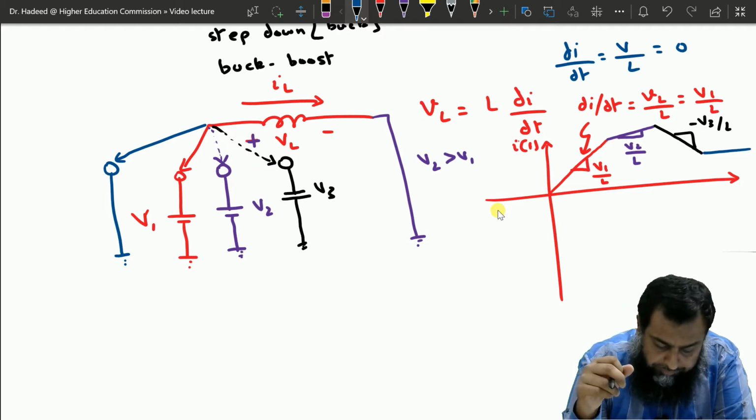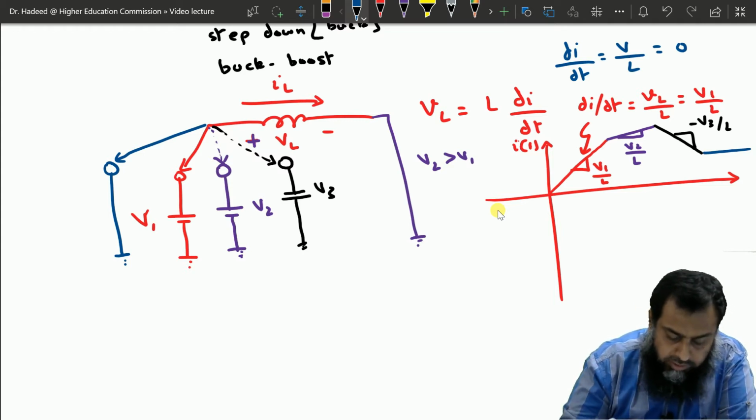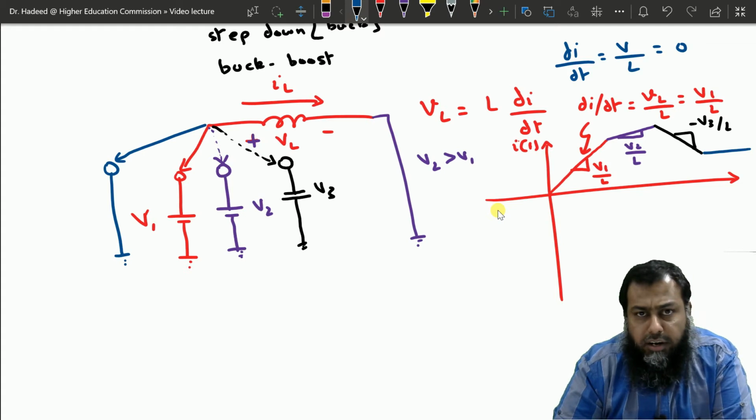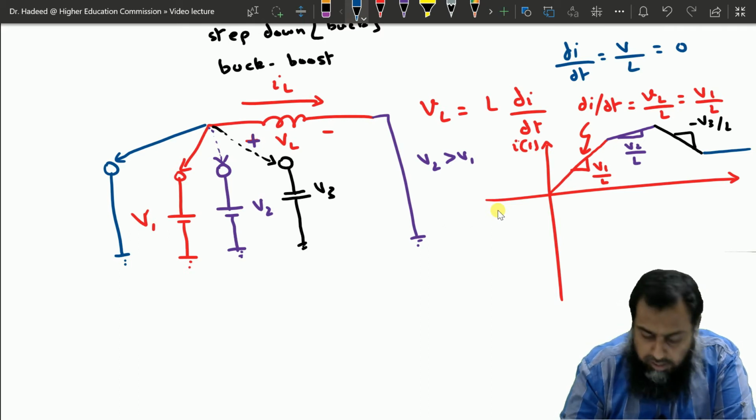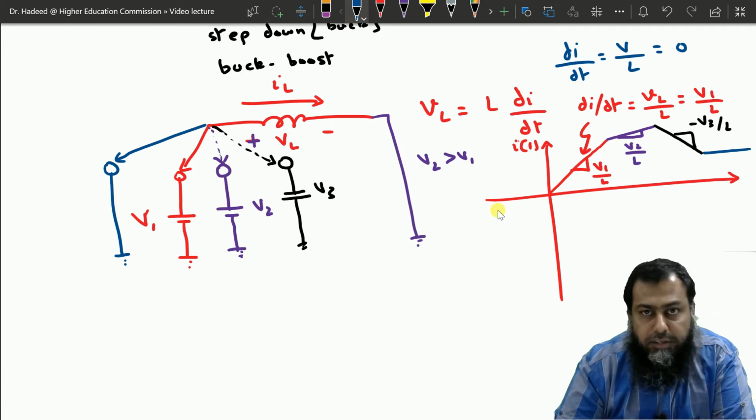Also we have seen that when we have no voltage across the inductor, the rate of change of the current through an inductor is equal to 0. At that particular point there is no voltage across the inductor, and this is what VL equals L di over dt actually explains.